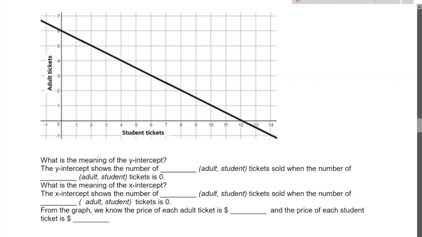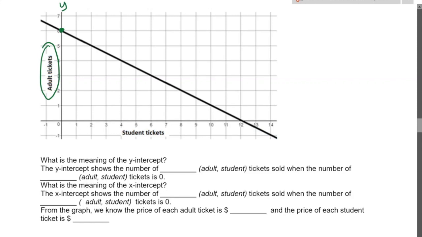So we got to remember, where is the y-intercept? The y-intercept is on what axis? It says it right there. What does the y-intercept represent? So the y-intercept is 6. And look, guys, it even tells you it stands for adult tickets.